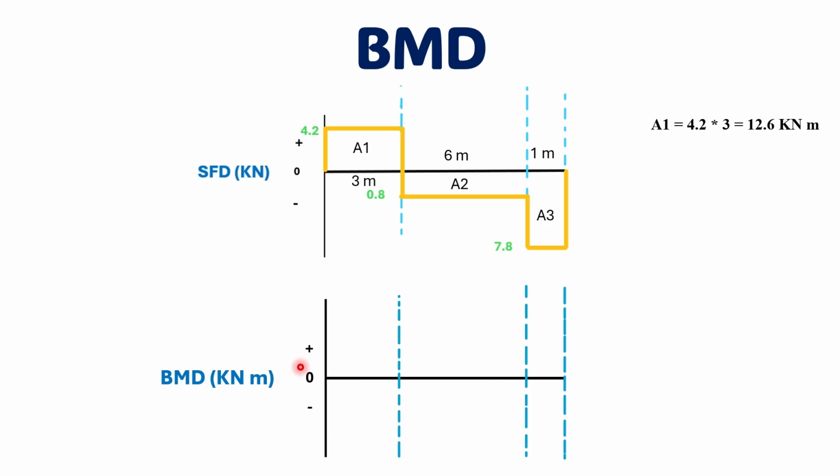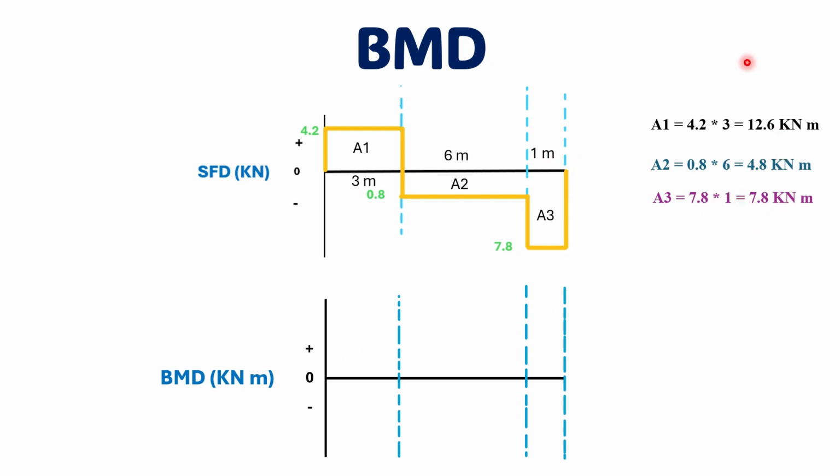Area 1 is height times base, 4.2 into 3, which yields 12.6 kilonewton meter. Area 2 will be 0.8 times 6, which yields 4.8 kilonewton meter, and area 3 will be 7.8 into 1, which yields 7.8 kilonewton meter.